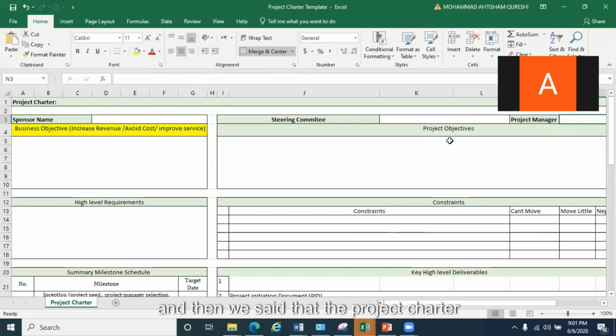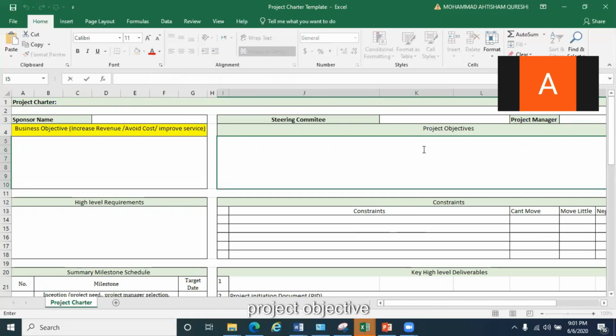And then we said that the project charter should have the project objective. And project objective, as I said, is the end goal that we want to achieve through this project.